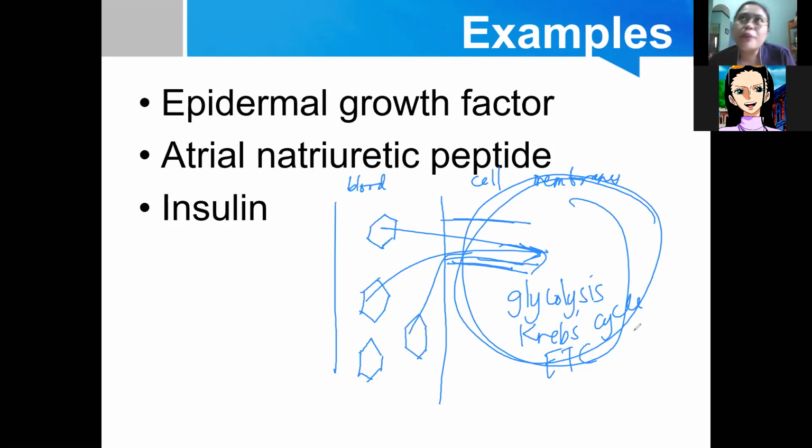Now, for people with diabetes, pwede sila type 1. Type 1 is guba jud ilahang pancreas, guba ang beta cells sa ilang pancreas, wala jud sila nagaproduce og insulin. Therefore, kung walay insulin class, the cells cannot accommodate the glucose, and the glucose will stay in the blood.